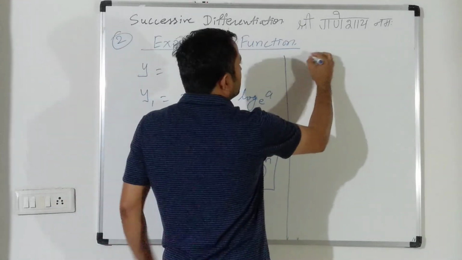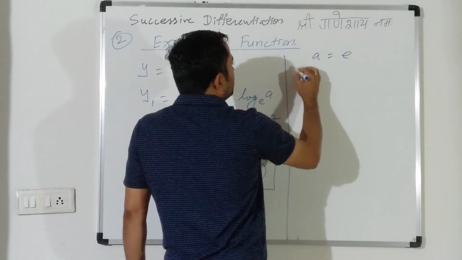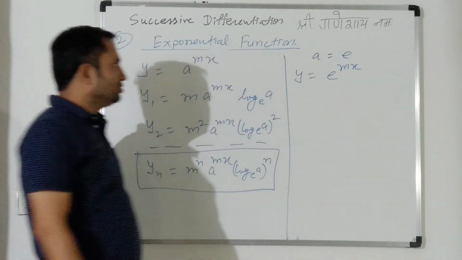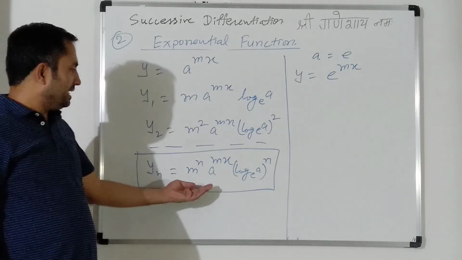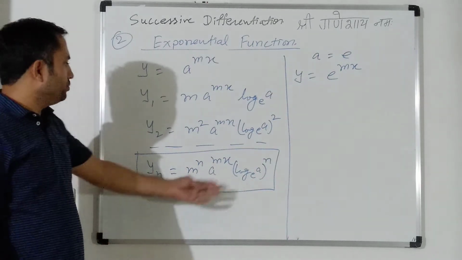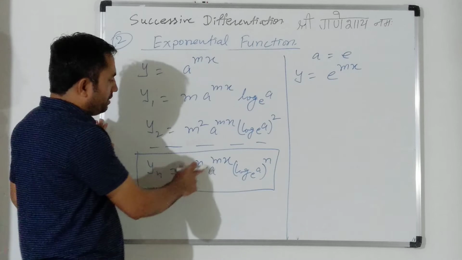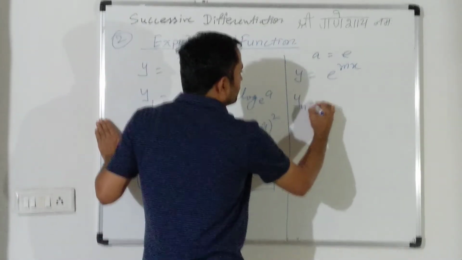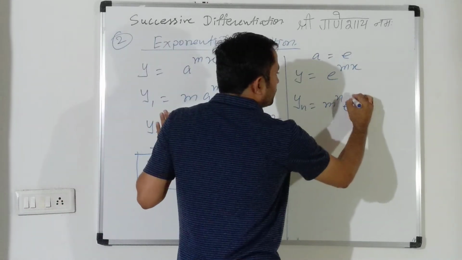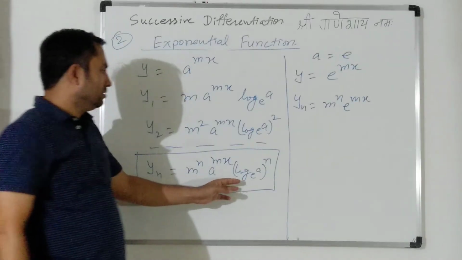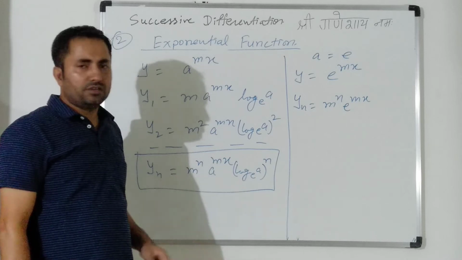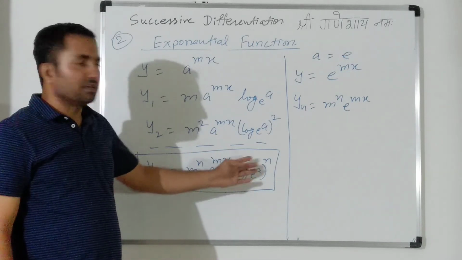By putting a equal to e, your function will be y equal to e to the power mx. So either we can put directly a equal to e, or we can do the successive differentiation also. If you put a equal to e, what happens? m to the power n, you will have e to the power mx, and here log e base e, that will be 1, as we know from the logarithm function.